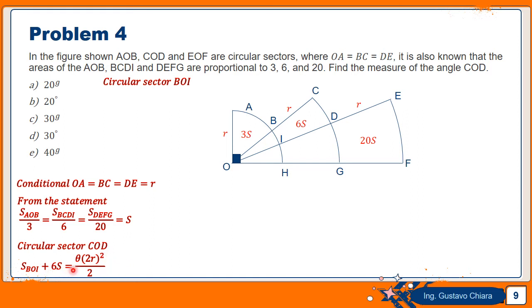Now the circular sector BOE is equal, in the same way, to the angle multiplied by R squared divided by 2, and so now, using this expression and this other expression divided, we get that the area BOE plus 6S divided by the area BOE is equal to 4.